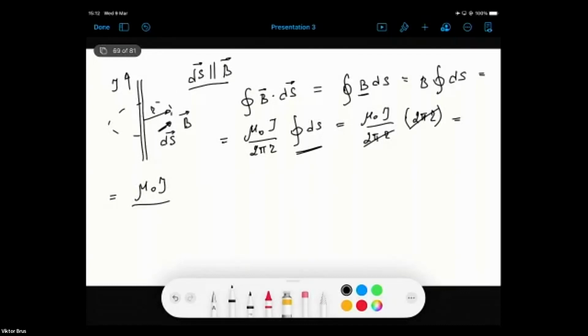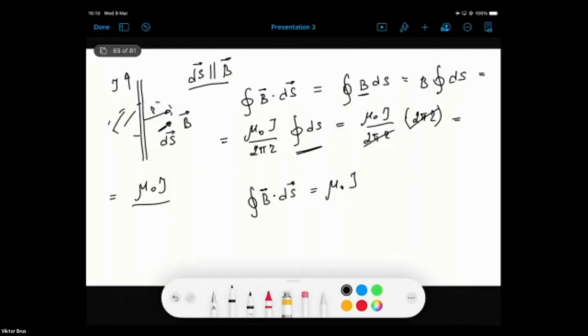So we can write in general that the integral for a closed path of the scalar product of magnetic field vector and displacement vector along this path, which we choose, should always be equal to mu naught, which is magnetic permeability of free space, times electric current which flows through the surface of this closed path.